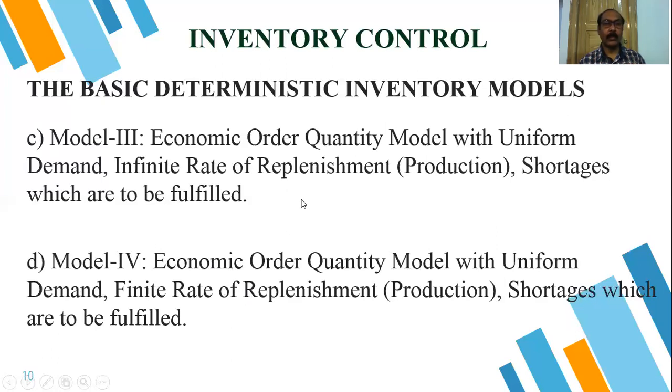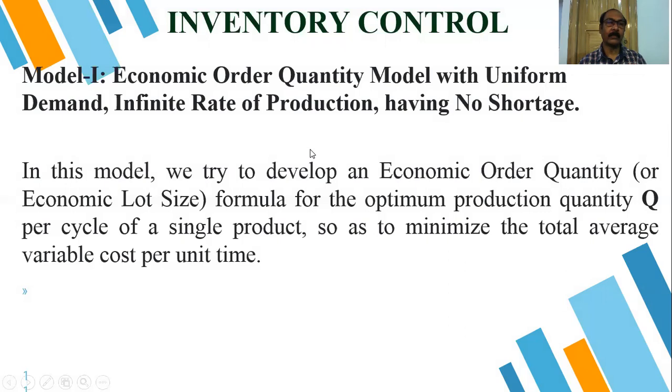Now we learn model 1 and develop it along with its related variables. We have to find the optimum quantity, the optimum time, and the optimum number of orders in a year or a stipulated period.